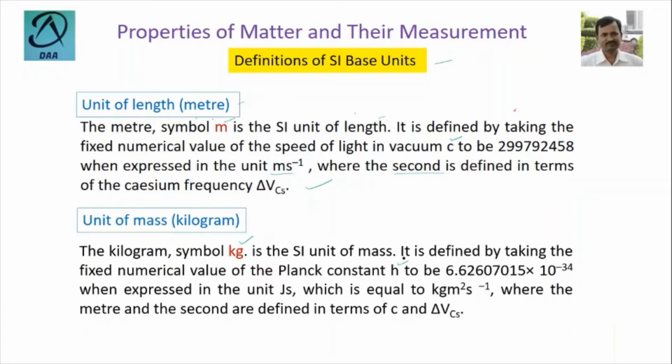The Planck constant's value is 6.62607015 multiplied by 10 to the power minus 34, and its unit is J s, which is again equal, as per the base units, to kg m^2 s^-1, where the meter and second are defined in terms of the speed of light, whatever we discussed, and the frequency of cesium.